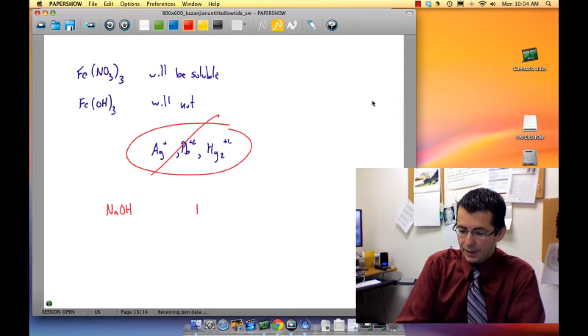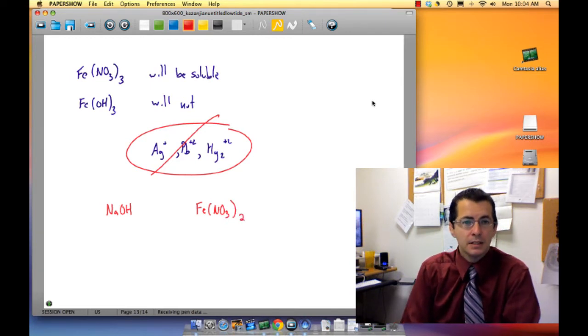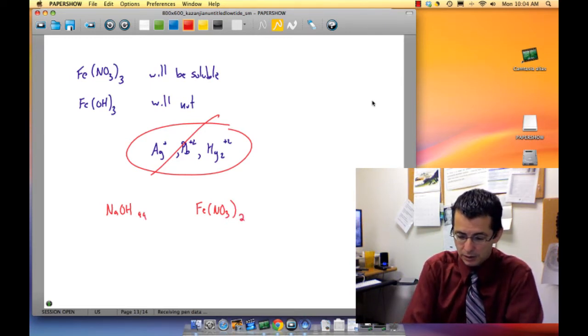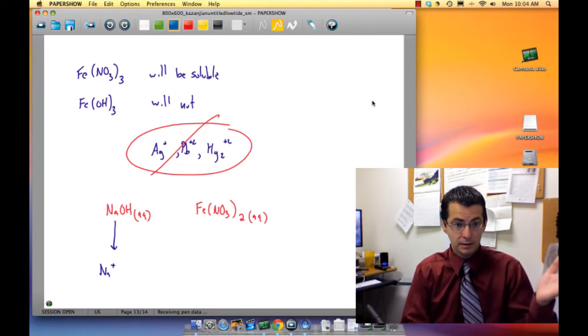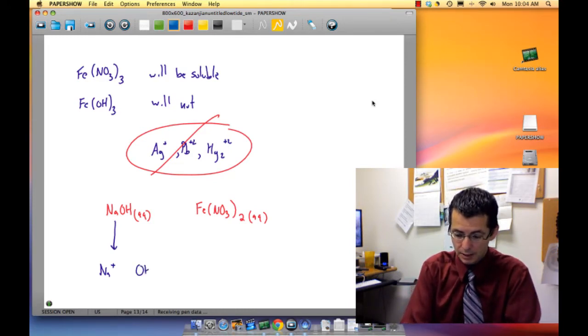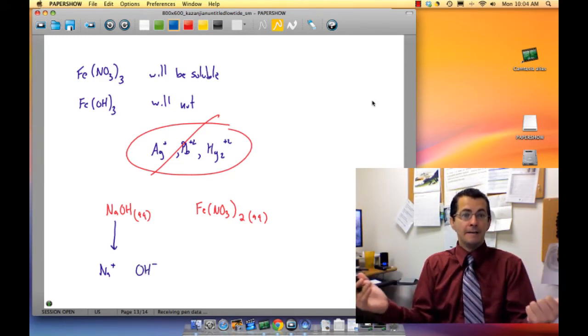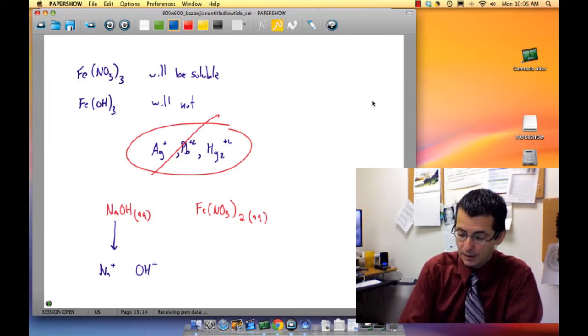Now, what that means is that if we mix two aqueous solutions, what happens from our discussion is we know that this aqueous sodium hydroxide is really composed of sodium ions and hydroxide ions, and they dissociate if they're soluble.